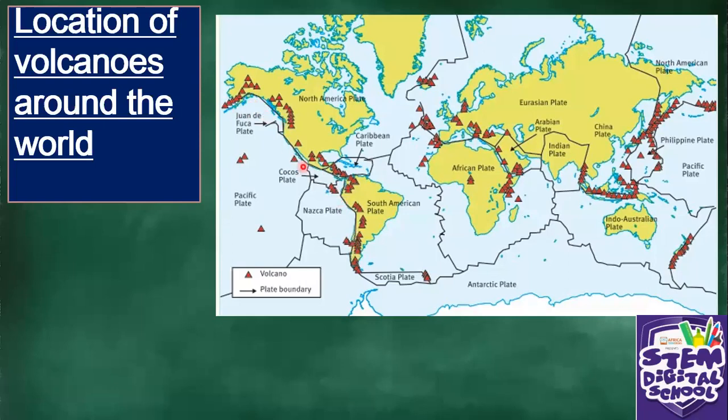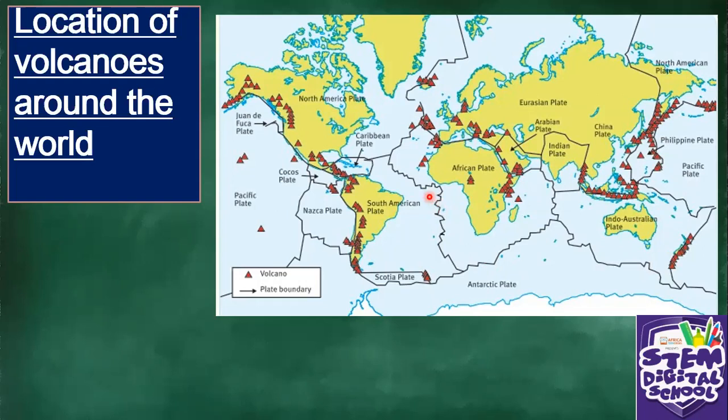So this angle, that is where most volcanoes occur. And we move on to this area here. And also here. And also on this part here of Africa and Europe. Also here. And then also here in the Pacific Ocean, stretching to there. And also here, this side, that is where the most volcanoes occur.